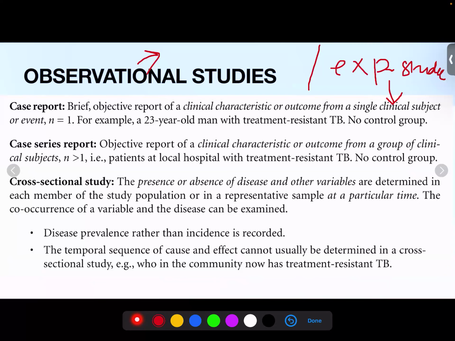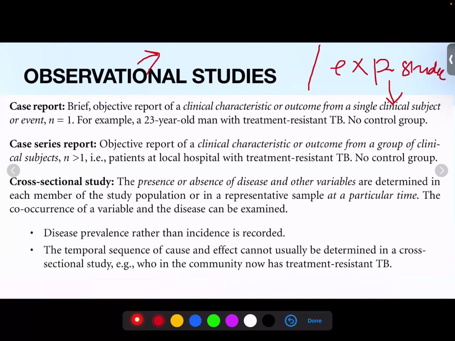First is the case report. A case report is just that: a case. You are reporting any different case which is present in one individual. Whenever you see any unique kind of patient, you can submit a case report of that.